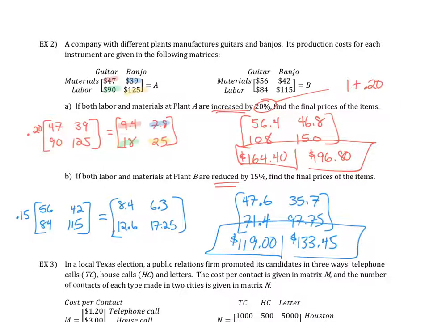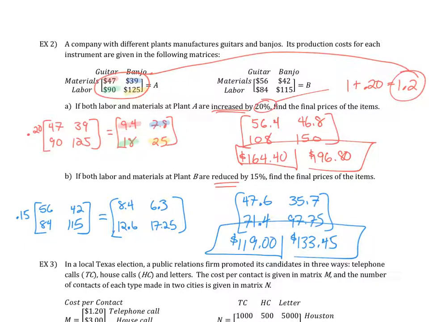So we add these two together, get 1.2. And if you just go through and multiply everything in matrix A by 1.2, you will end up with this matrix automatically without needing to multiply by 0.2 and then adding it to this, right? We would take that 0.2 and add it to the matrix right away. And then we would only need to do one multiplication and we're good to go.